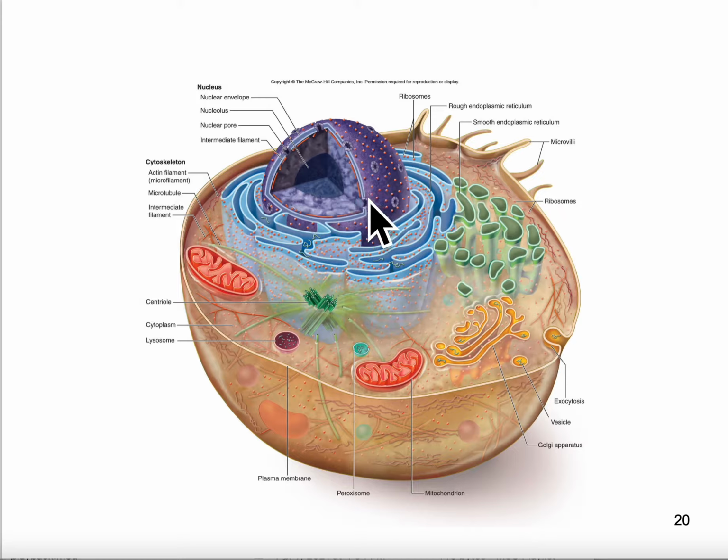Okay, we're now moving on from talking about the nuclear envelope to this next structure, this kind of like a maze of membrane, and this is called the rough endoplasmic reticulum, sometimes abbreviated as RER, rough endoplasmic reticulum.